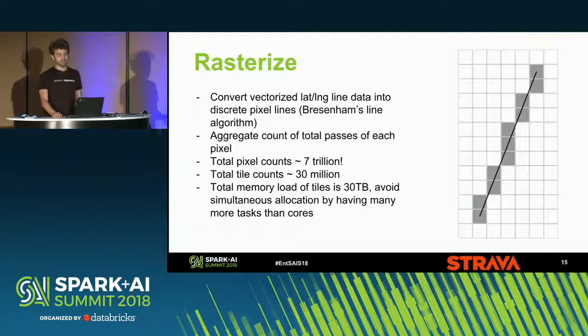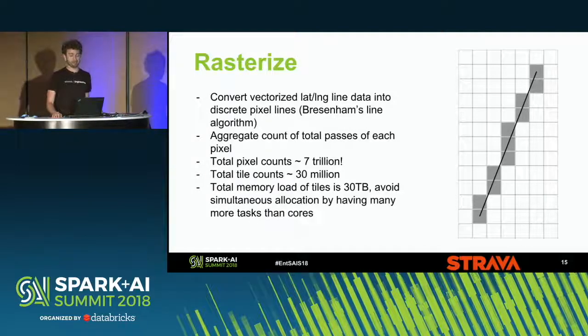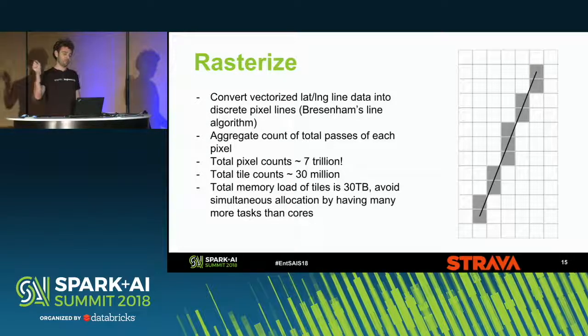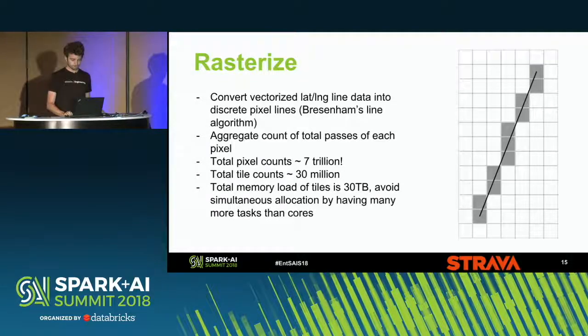The simplest and fastest algorithm for this, which has to be really fast because it needs to be run trillions of times, is the Bresenham line algorithm, which is a straightforward way of drawing pixels between points that's extremely fast to implement. And so there's going to be about 7 trillion of these pixels that get drawn in, and they're aggregates too. For each pixel, we're aggregating the total counts of activity streams that cross over it.